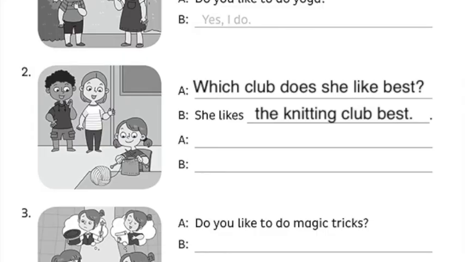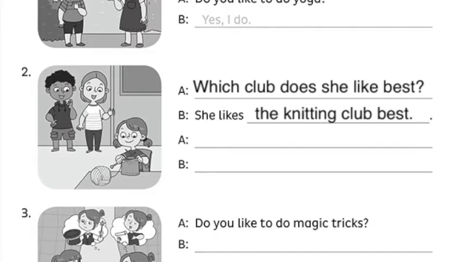And the answer, letter B, starts with she likes. So what is she doing? She is knitting. So she likes the knitting club best.